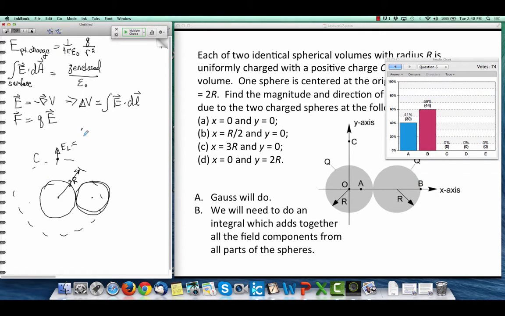So here I'm just writing out the electric field magnitude by Gauss's law from the charged sphere on the left. That field is vertical, along the y-axis.